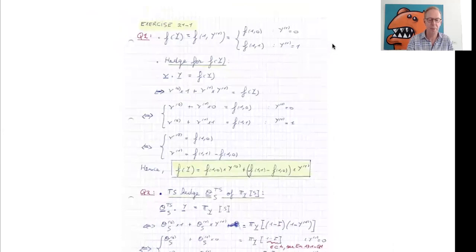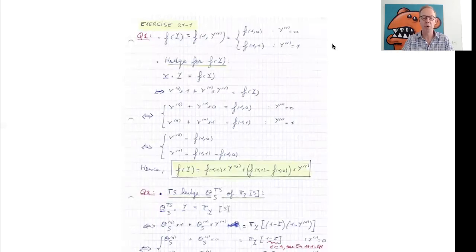We have that F(Y) is in fact f(1, Y1), because the zero coupon bond will have value 1 at time 1 and the stock will have Y1 at time 1. This f(1, Y1) can only take two values depending on the value of the stock. If the value of the stock is 0, it will be f(1, 0). If the value of the stock is 1 at time 1, it will be f(1, 1).